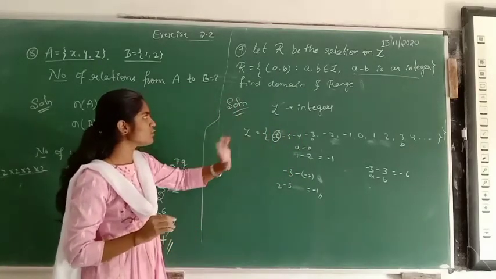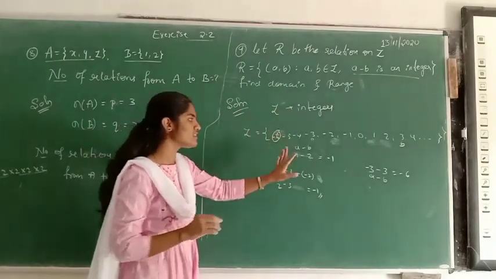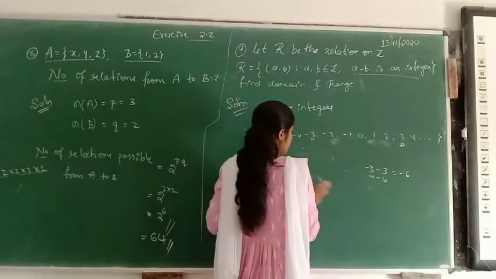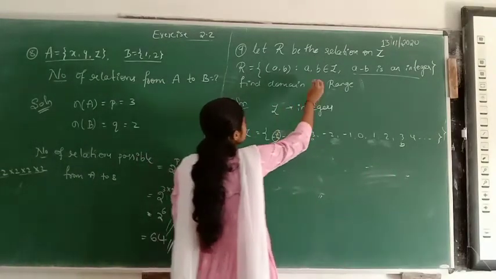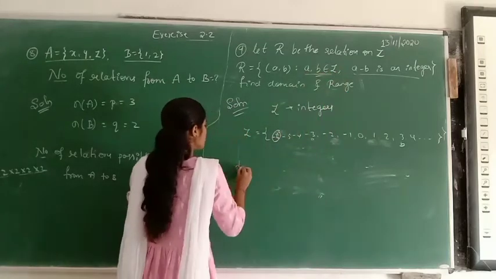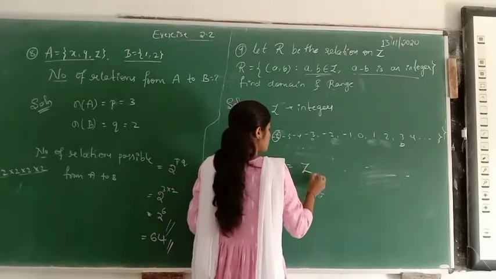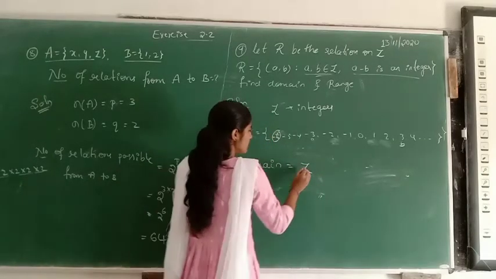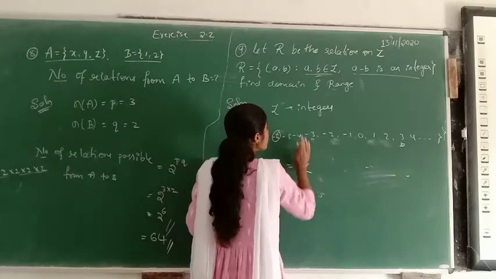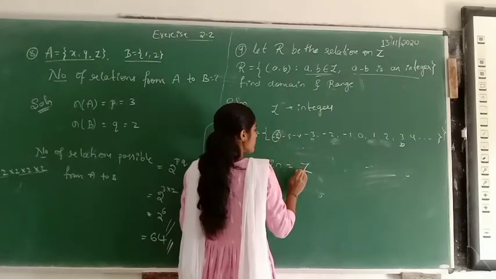ಇಲ್ಲಿ ಏನಾಯ್ತು? Domain ಏನಾಯ್ತು? Set of all the integers, and the range is also the set of all the integers. See, A and B belong to the integers, so the domain is nothing but the set of all the integers. Domain ಅಂದ್ರೆ ನೀವು ಎಲ್ಲಿಂದ ಚೂಸ್ ಮಾಡಾಕತ್ತೀರಿ? ನೀವು ಆರ್ಡರ್ ಪೇರ್ ನ A and B ನ integers ಇಂದ ಚೂಸ್ ಮಾಡ್ತೀರಿ. So this integer set is the domain.